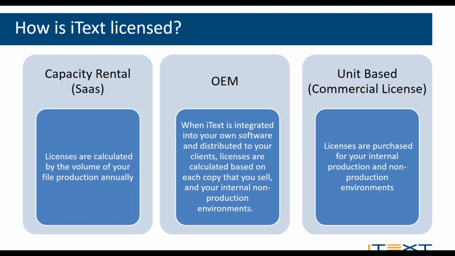So say you've bought 100 OEM licenses and you only sold 50 this year. That means you have the remaining 50 for however long you need them. For OEM, just a reminder that you have to buy the distribution licensing up front, as well as your internal non-production environments.